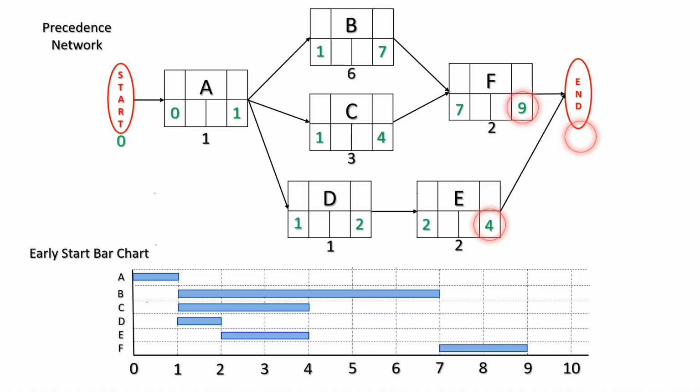So we move the 9 from the earliest finish of F into the earliest start of the end node. And there we have the minimum project duration of 9.